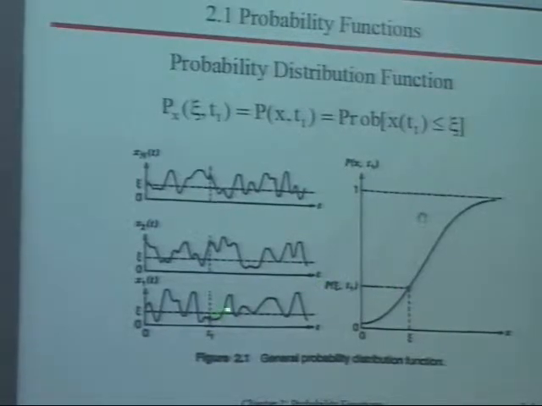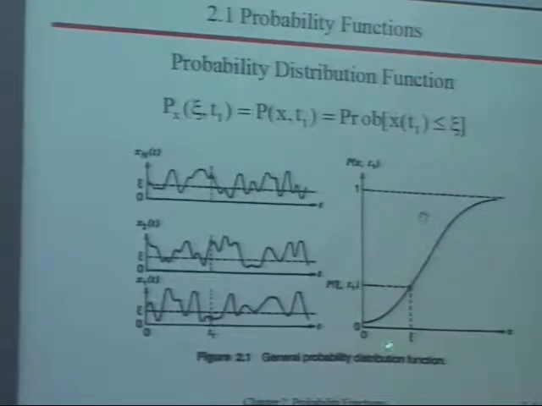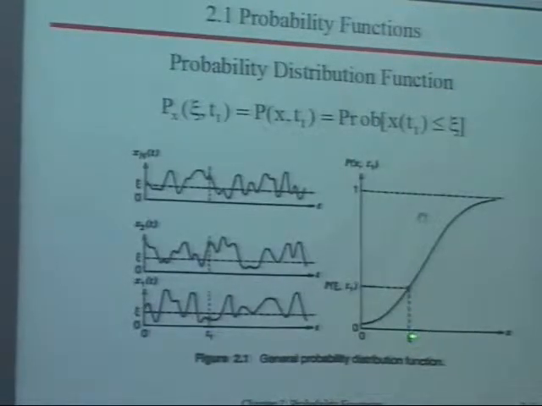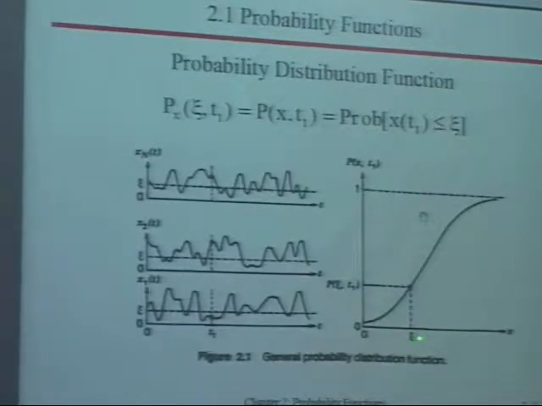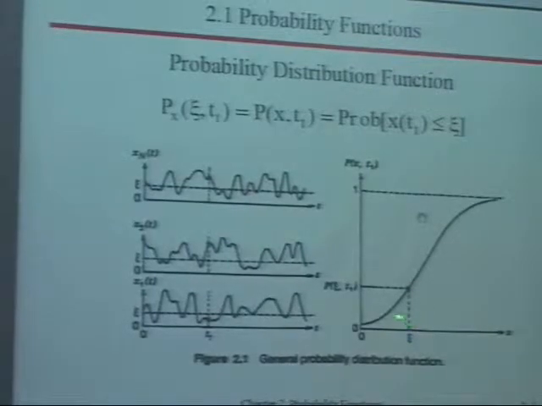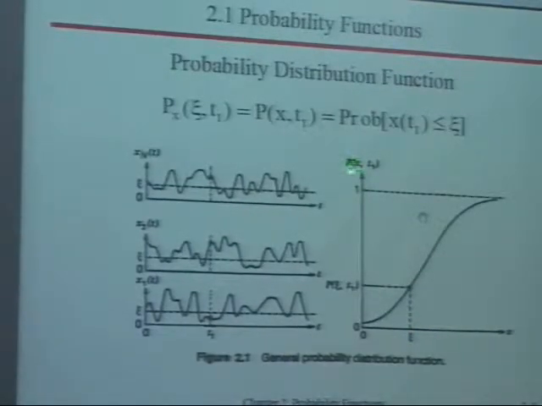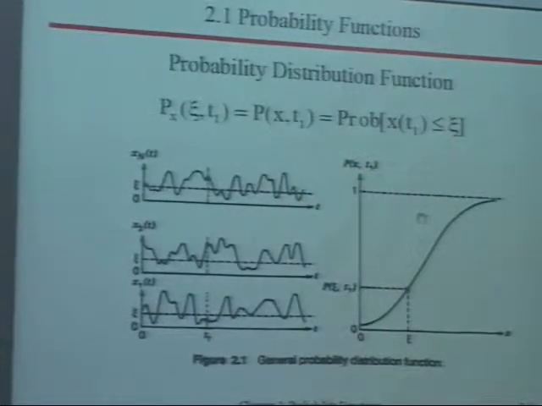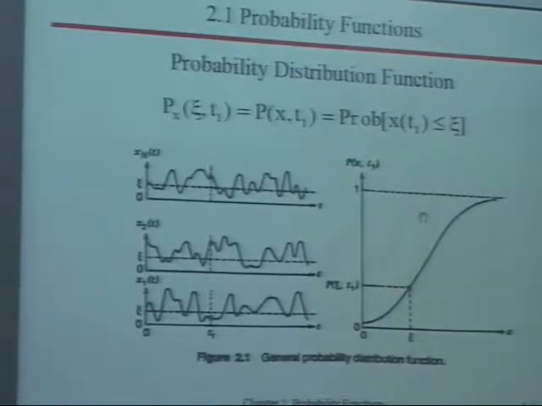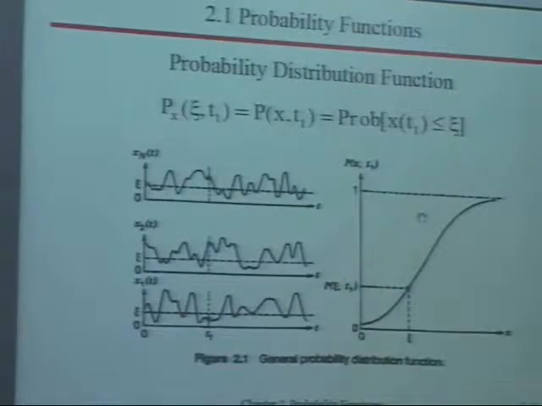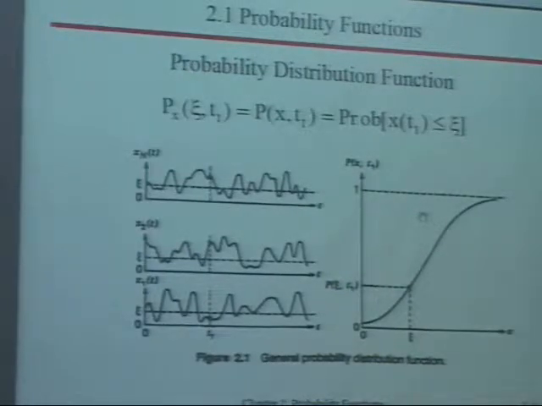So in this case this is the chi, a fixed value of chi. Then you can read this as a capital P. Capital P is the probability distribution function, and small p is the probability density function.